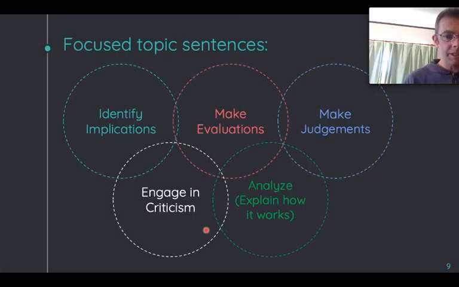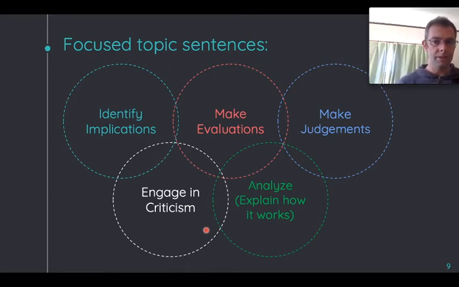Now your focused topic sentences mean that you're going to be looking at doing one of these things with your paragraph and with your essay. You could be identifying implications. What does this thing that I've found mean for my understanding of the poem, or the importance of the poem to literary circles?